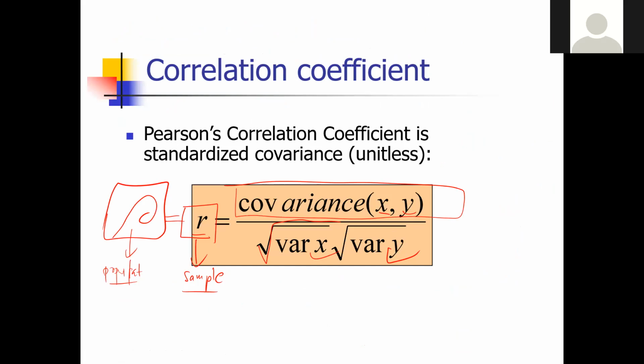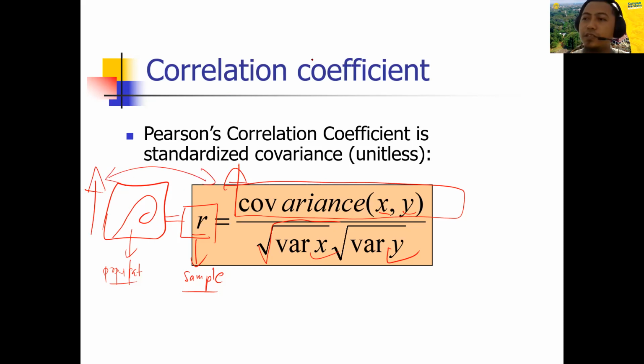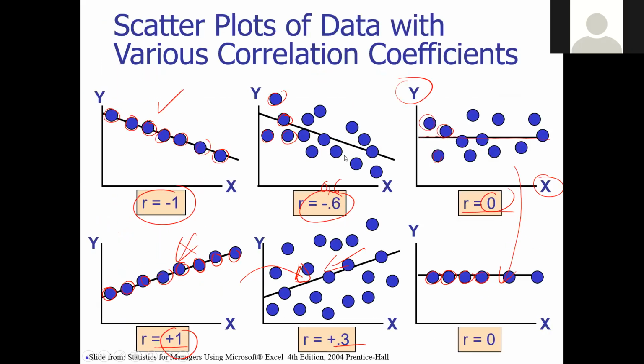It's not exactly the same, but linearly proportional, I mean proportional to each other. You can see here when the correlation increases, the covariance also increases. It's like a positive proportion. Okay, thank you. You're welcome.